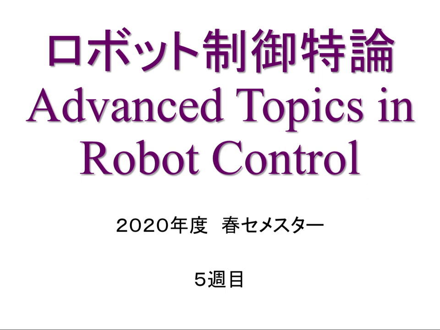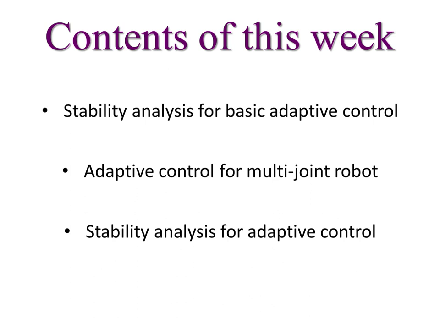Let's start the 5th week of the Advanced Topics in Robot Control. This week begins with a continuation of adaptive control we discussed last week. Therefore, we first prove the stability of the robot motion when we use the basic adaptive control.